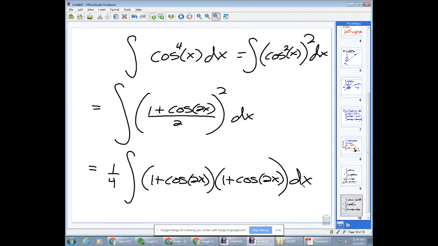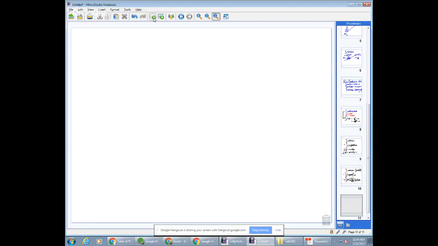So sometimes algebra is our only means to evaluate integrals, to get them somewhere we can handle. And we'll have to distribute each term in the first by each term in the second, and then integrate that. So let's write that out. So we have now 1/4 times the integral of 1.